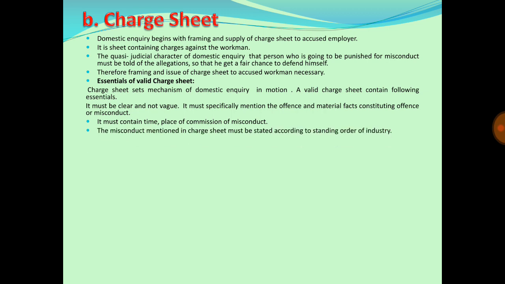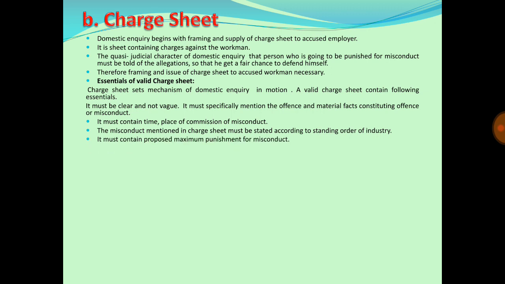Then the misconduct mentioned in a charge sheet must be stated as per the standing orders of the industry. That should already be included in the standing orders of the industry. Standing orders of an industry are nothing but the rules and regulations, or the terms and conditions of employment, which are sanctioned by the appropriate authority for a particular industry.